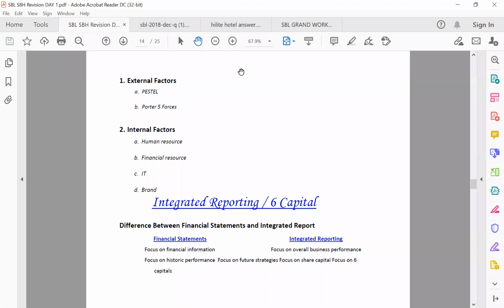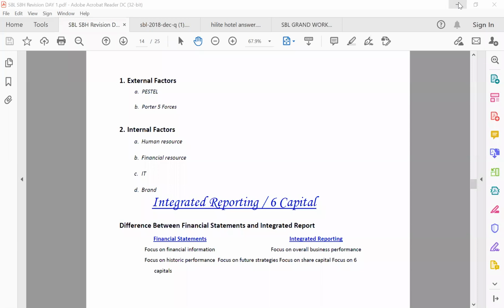The first was PESTLE analysis and Porter's five forces model, which were the external factors, and the second was the internal factors, which included human resources, financial resources, IT, and brand. So now let's move towards the next topic.